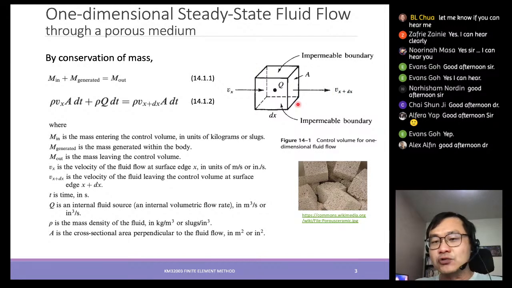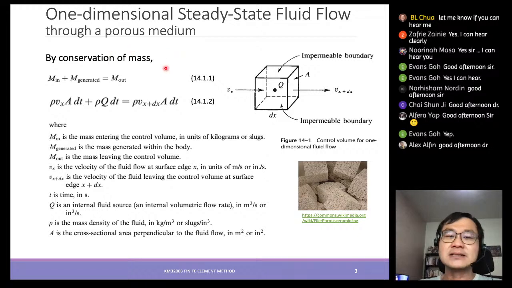So we again use the basic concept of fluid, where we will assume a conserved mass. Whatever mass goes into this particular cube will go out after some time, unless there is something generated inside.